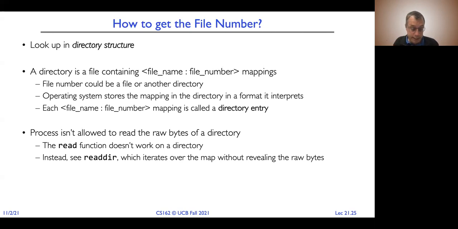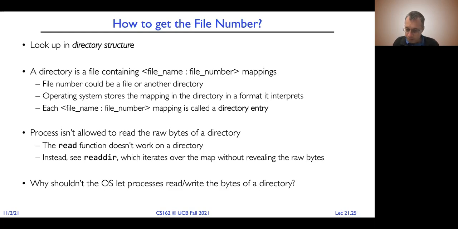The way you manipulate a directory is different than the way you manipulate a file, right? You cannot just use the read operation on it. You need special operations: read directory, create directory, or make directory, and so forth.